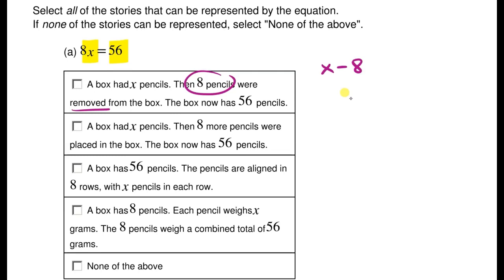Scenario number 3, a box has 56 pencils. The pencils are aligned in 8 rows with X pencils in each row. So that kind of makes sense. The pencils are aligned in 8 rows, so you have 8 rows of X pencils.